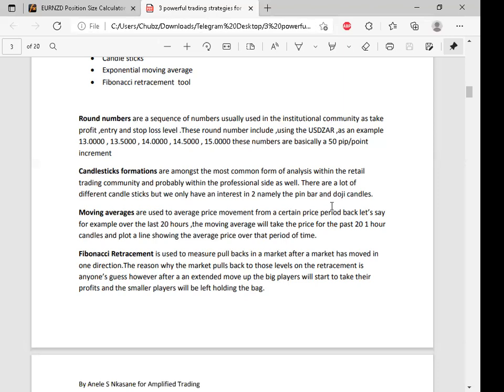So the Fibonacci retracement is used to measure pullbacks in a market. After the market has moved in one direction, it's going to pull back, because I'm pretty certain that if you've been in a position where you feel you've gotten a really good entry point, and now it moves up 100 pips, it's not going to move straight up to your take profit, right?